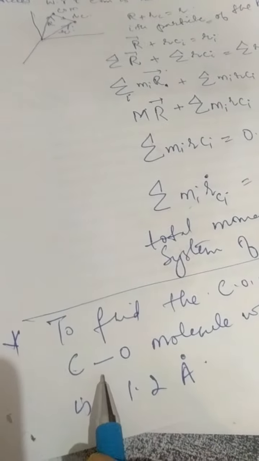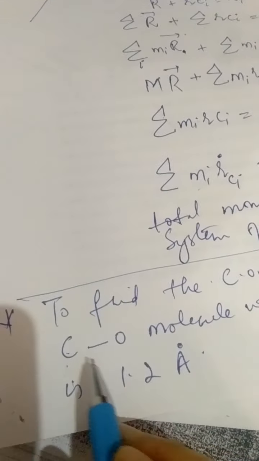So I'm asking you to find the position of the center of mass in case of the carbon monoxide molecule, either with respect to carbon or with respect to oxygen. And what is given to me is that the bond length of the carbon monoxide molecule is 1.2 angstrom. So how do I proceed about it?